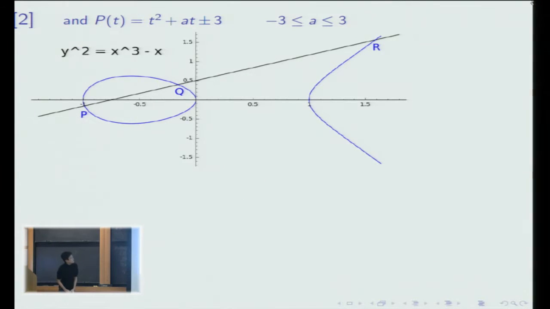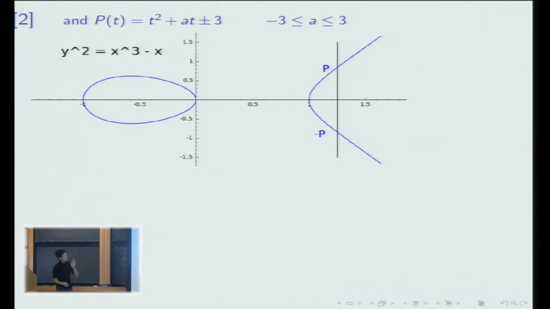So remember that these points form a group. In particular, if I intersect a vertical line with these points, I get negative points on the elliptic curve. They add up to the point at infinity. And if that vertical line becomes tangent to this curve, I get points where 2 times the point is 0.